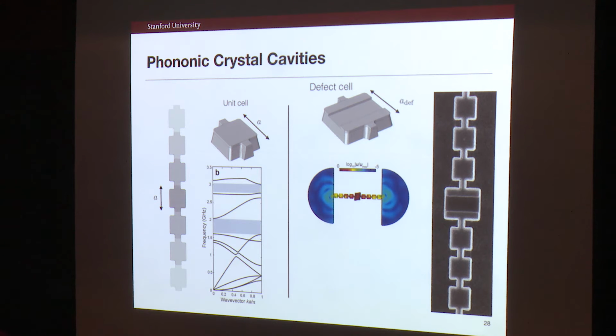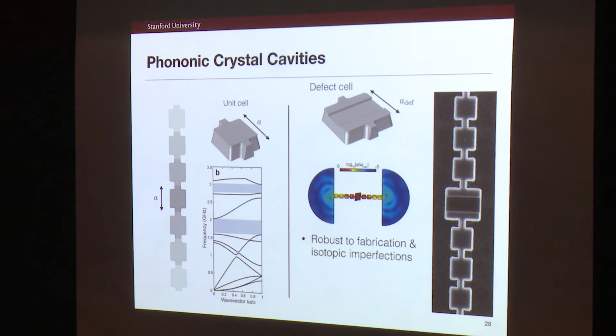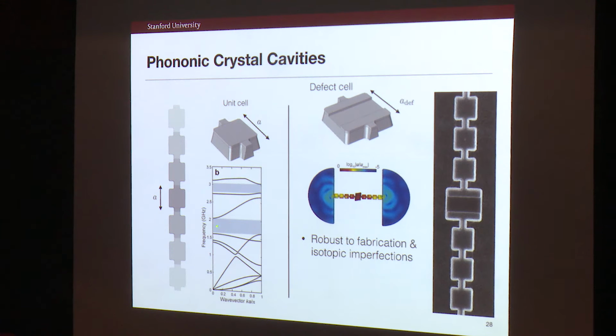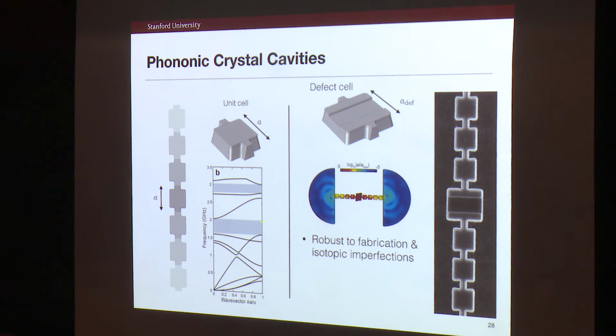And this is important for a couple of reasons. Having a large gap makes these structures robust to fabrication and isotopic imperfections. Let's say you make a defect in a crystal like this; that means you have a mode at a frequency within this gap.